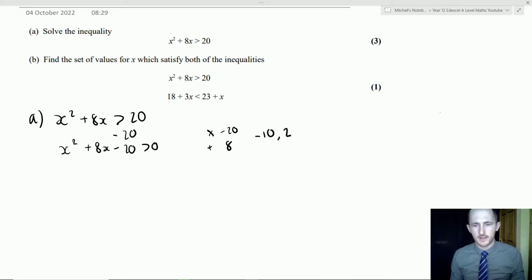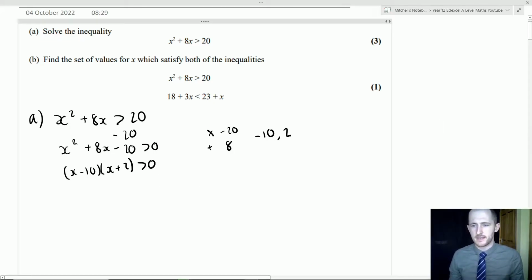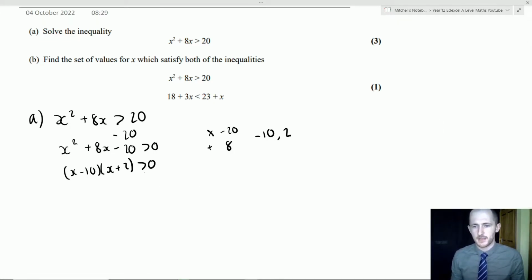So then our two brackets are x minus 10, x plus 2 is greater than 0. So again, we're just doing quadratic inequalities at the moment. We're starting off with something relatively basic, and then all we're doing is solving this as if it said equals 0. So you have x minus 10 equals 0, or x plus 2 equals 0.